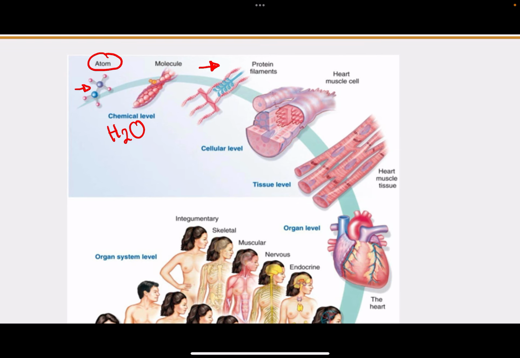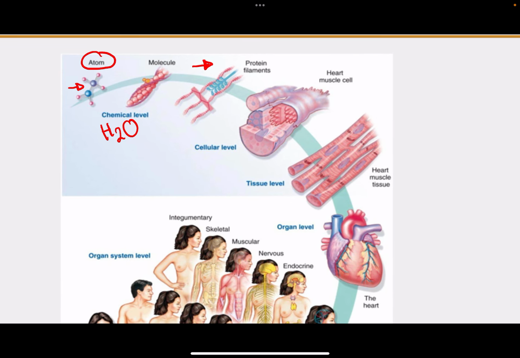Then we finally have, and this is going specifically for the heart, these protein filaments come together, they hang out, and at the cellular level, heart muscle cells are going to join and create the official heart muscle cell. I said that a little backwards, I apologize, I'll just repeat it one more time.